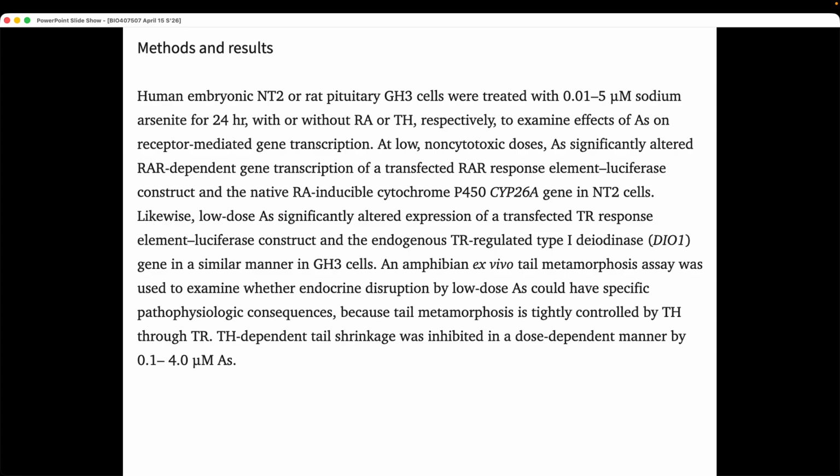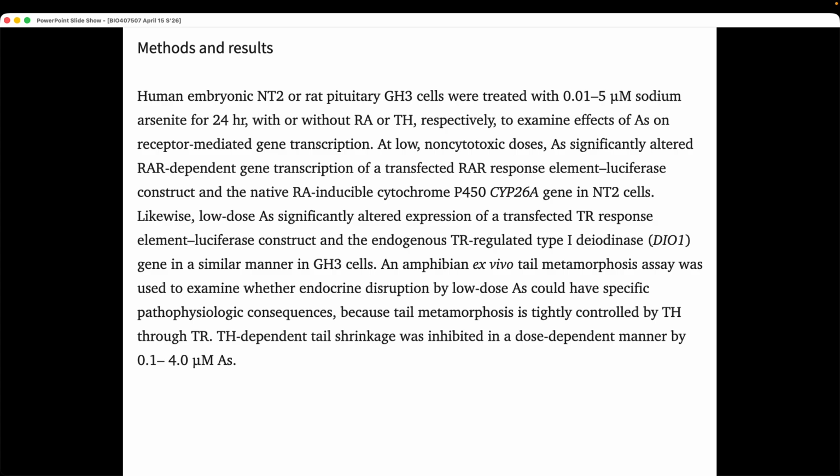Sometimes it's satisfying to get to that. Because even though they're really studying amphibian tails in this paper, they have an assay system, and it's just a cell-based assay system, and it doesn't even involve amphibians. It involves human cells and rat cells, and they're growing them in a dish, and they have a gene that they use to test the activity of any of these nuclear receptors.